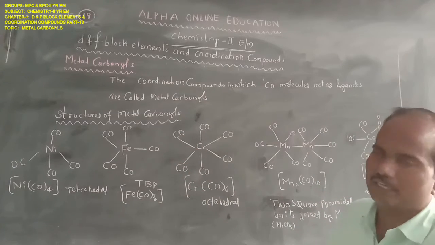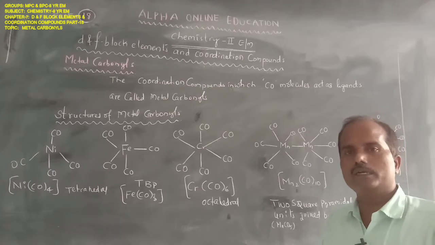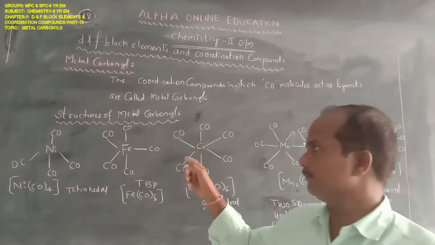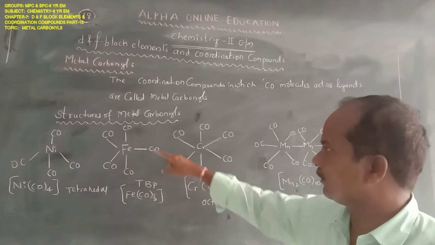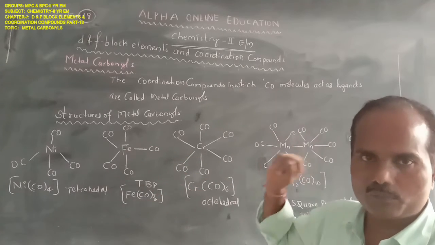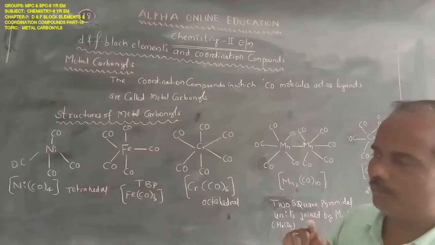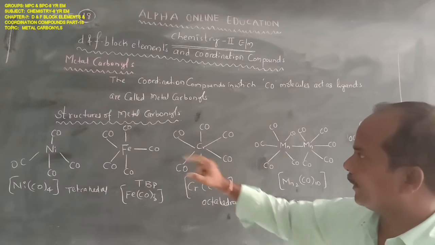Now, bonding behavior. What type of bonding exists in metal carbonyls? In metal carbonyls, the bonding is sigma as well as pi bonding. How can we explain the sigma and pi bonding?